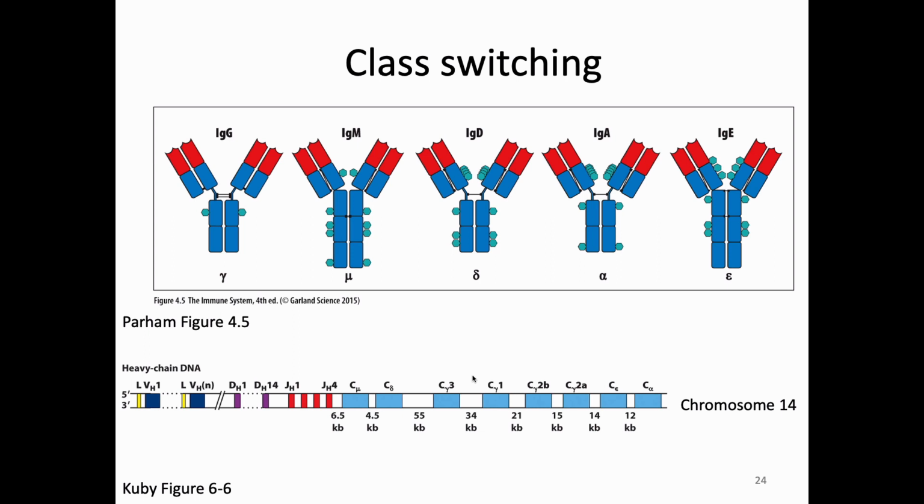But we've still got DNA between the J's and all of these constant region segments. And you can see the amounts of DNA that we have between each of these areas here. So what do you notice as you look at these different amounts of DNA, these different distances? Rishi?